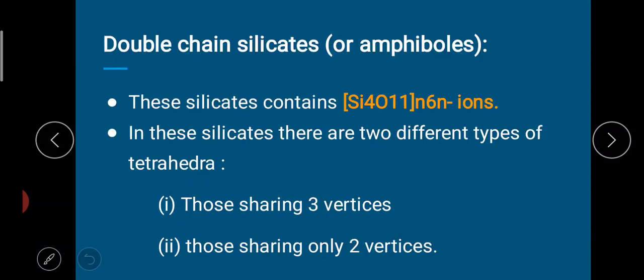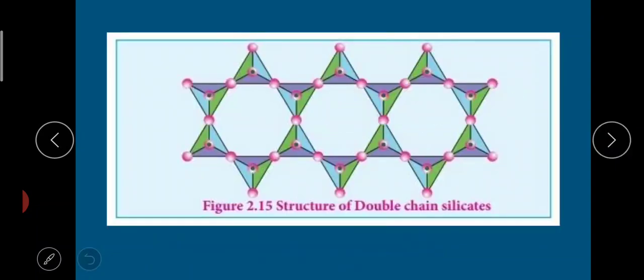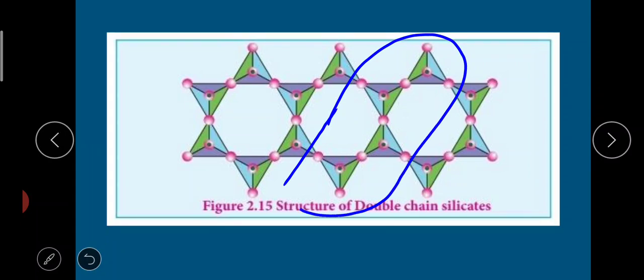Now we have to calculate the formula. So the formula here, the unit is Si4O11, n times, 6n minus. Now let us take this unit alone. Consider this unit alone. How many silicon, children?